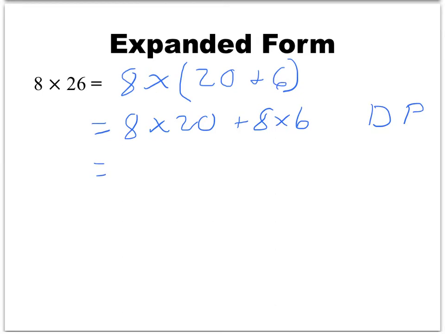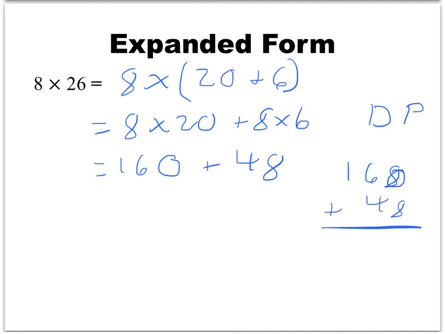And so now we can do this multiplication. 8 times 20, this number ends in 0, so this product is going to end in 0. And then we take 8 times 2 to get 16, and then plus 8 times 6, which is 48. So now to do this addition, we can off to the side here use our standard algorithm, 160 plus 48.